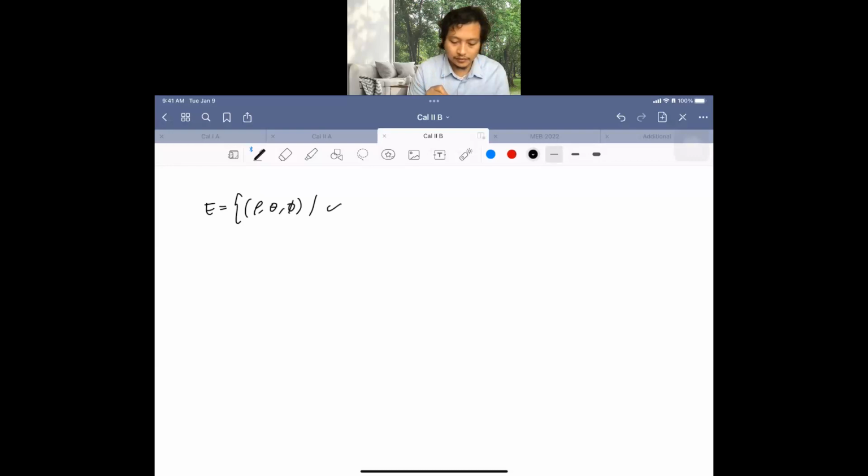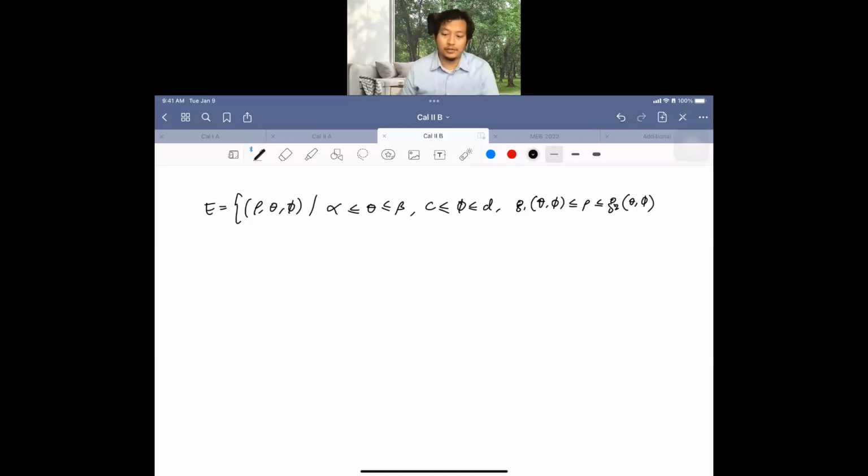Let's say alpha is for theta, beta for theta, and c for psi, and we could have a function of two variables, theta and psi, for rho. This could happen, and this becomes our upper and lower surface. If you still remember what we did in triple integrals last week, we have upper surface, lower surface. This is basically similar to that notion.